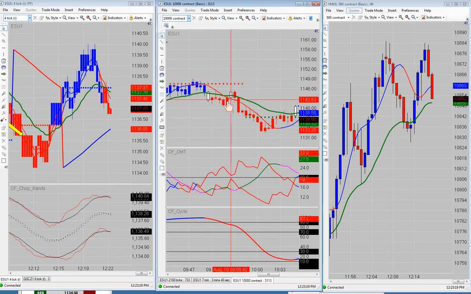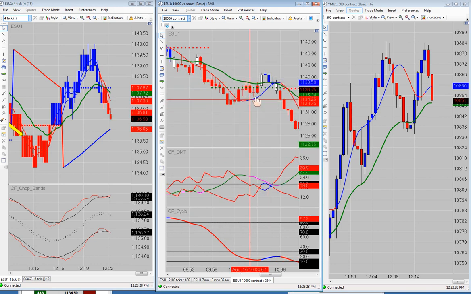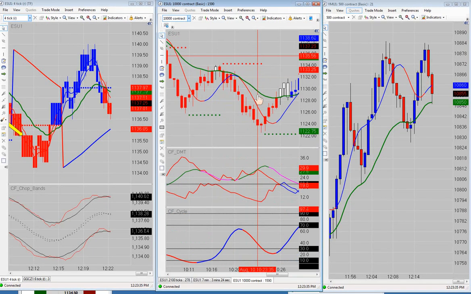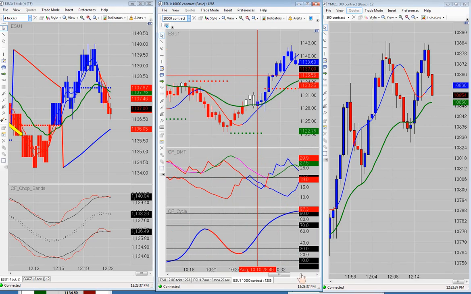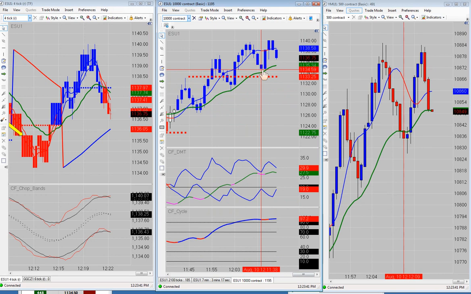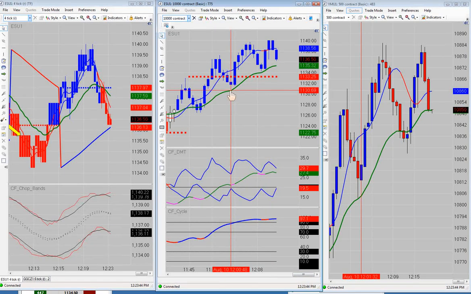After that, it dropped down below right here, and went up here, and it gave us opportunity. And at this point, it was just suggesting that we should be short, or the market was going to be moving down. Now it's looking like it's suggesting it's going to be long.